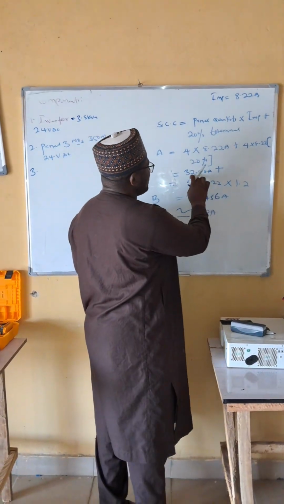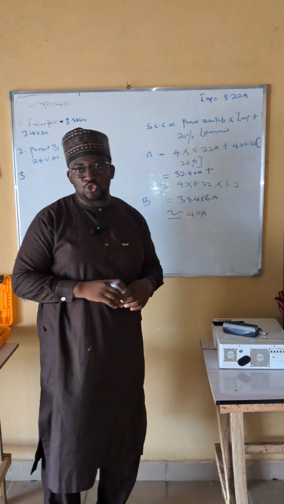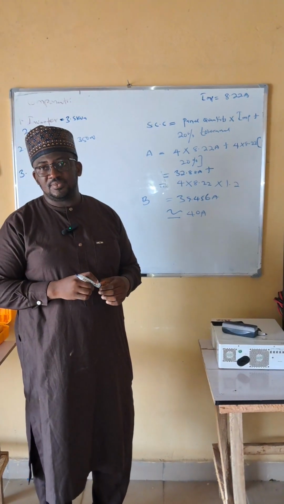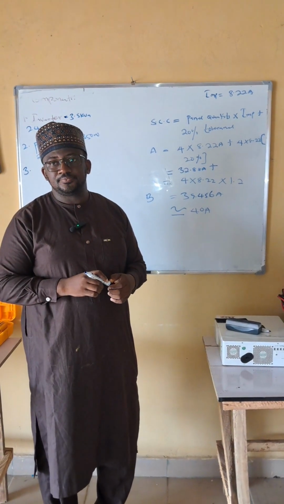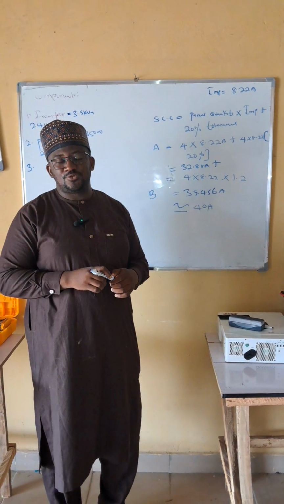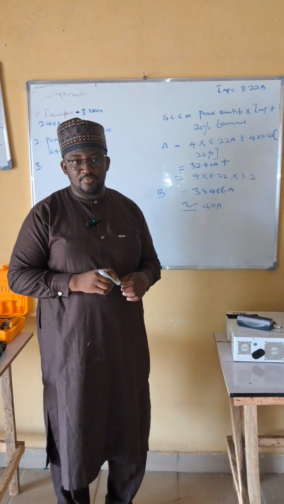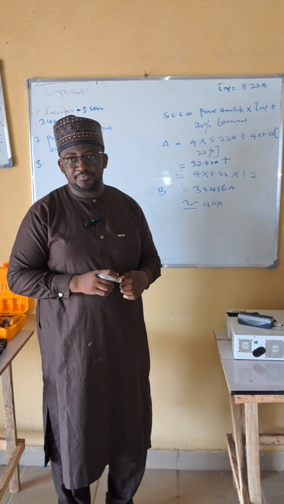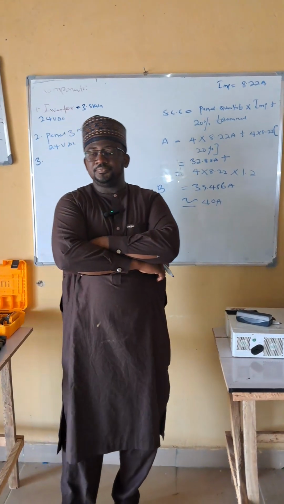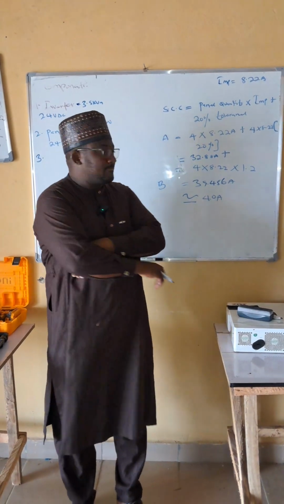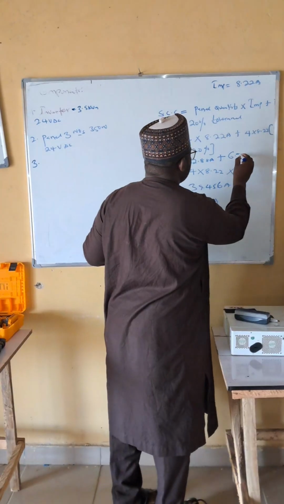32.88 times 20%. What is 20%? It is 0.2. That gives 6.576.